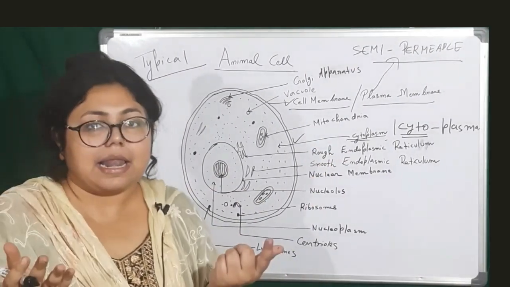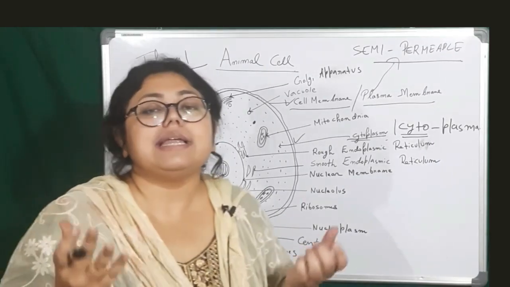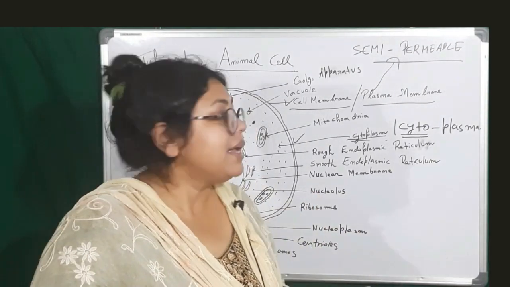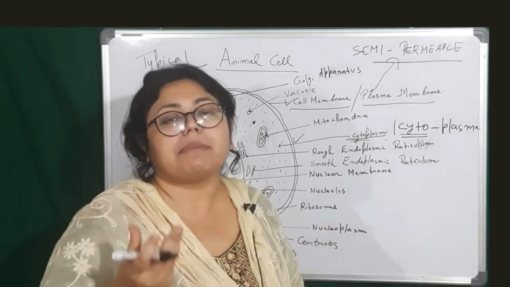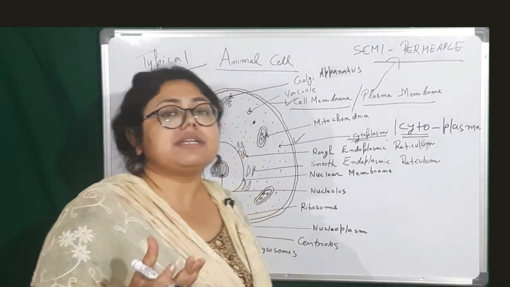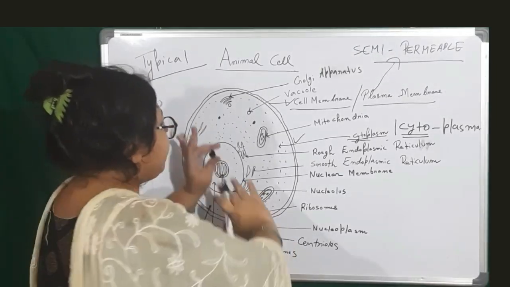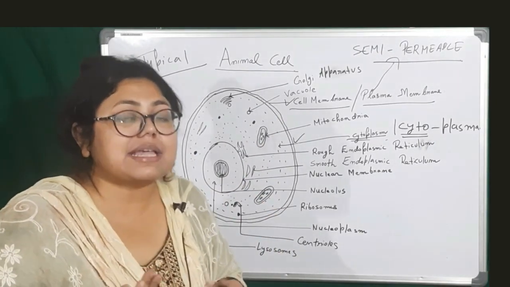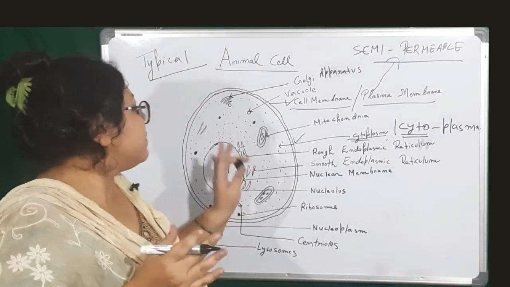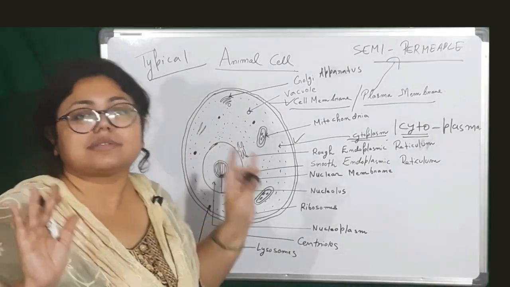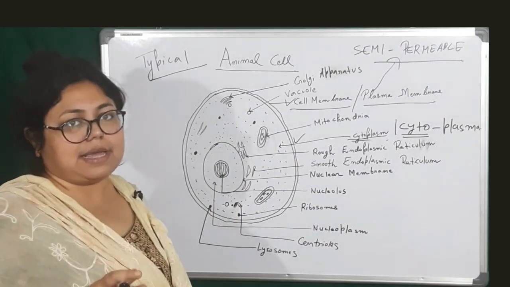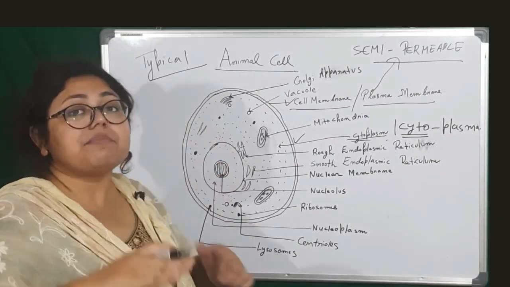Cyto means cell, and plasma means any thick, jelly-like substance, like any viscous fluid. This plasma material provides the base to the whole cell so that other cell organelles can float inside it, and it maintains the sustenance and balance of the cell. It provides a medium.